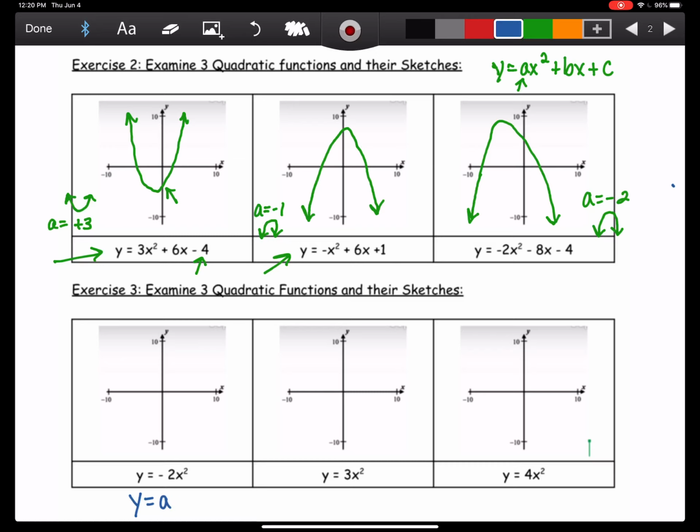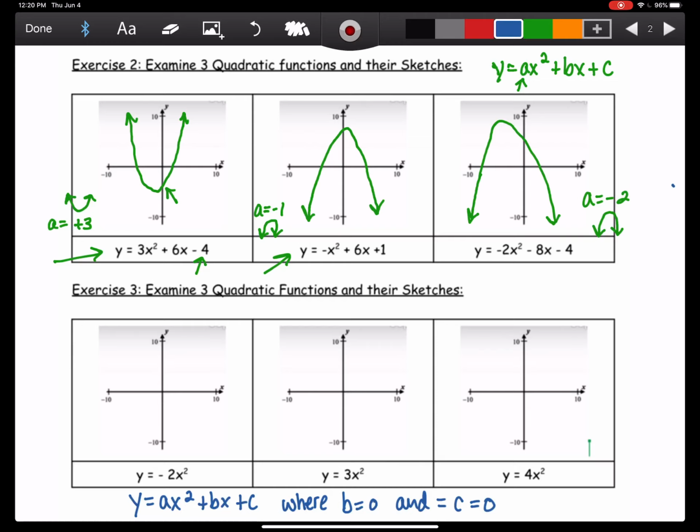It's still y equals ax squared plus bx plus c, but in this example, b equals 0 and c equals 0. So watch what that does to the graph. It's going to make all of these parabolas hit the origin.